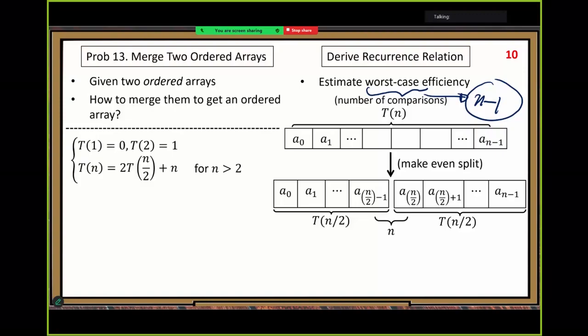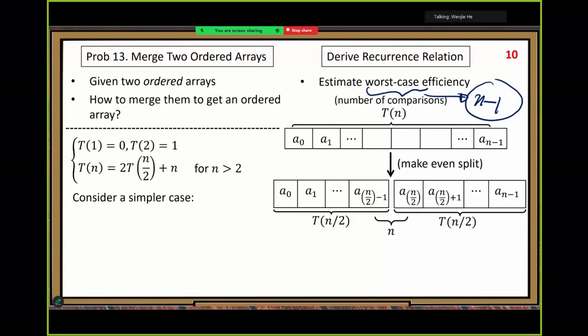Then we need to do some rough estimate. We consider the simplest possible case here: n is a power of 2.